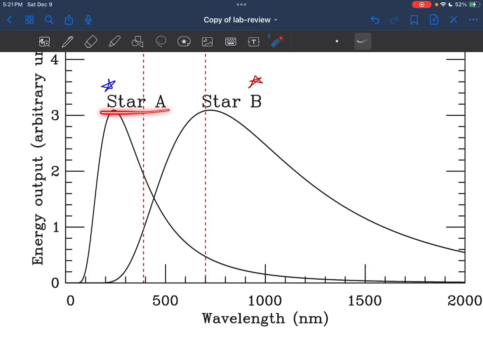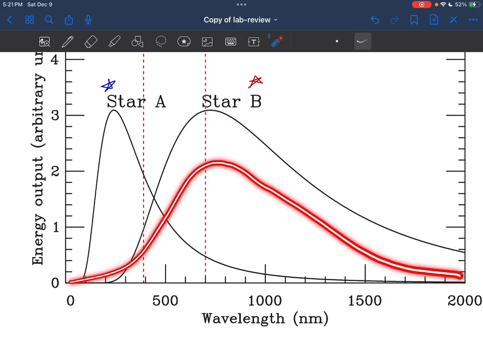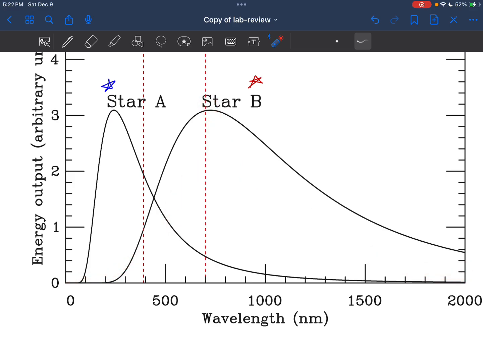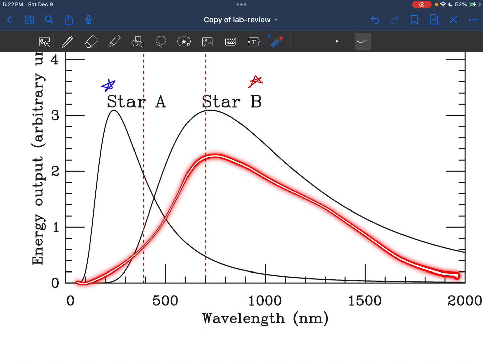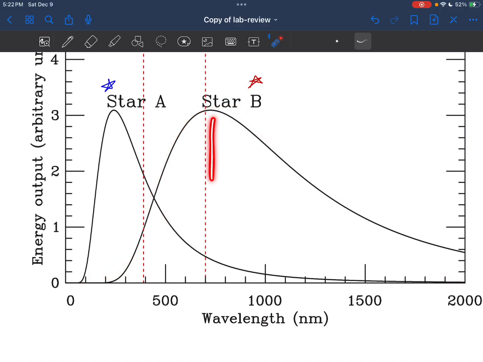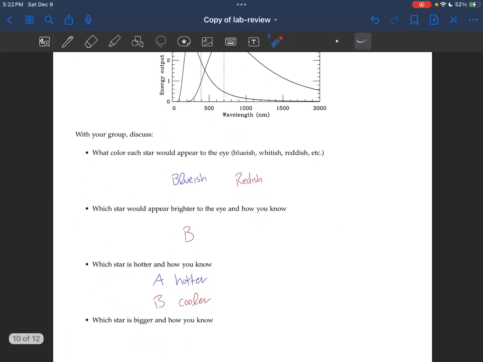If I were to shift star A and turn it into the same temperature as star B, it might be somewhere down here with its intensity. In order to increase the intensity to what we're seeing from star B, I would have to increase the size. So star B, because it's cooler, should be less intense, but the reason that it's not is because we increase that size and say that star B is going to be bigger.